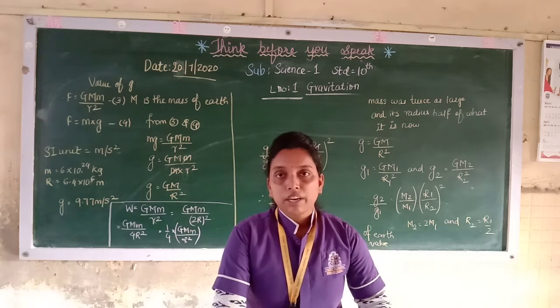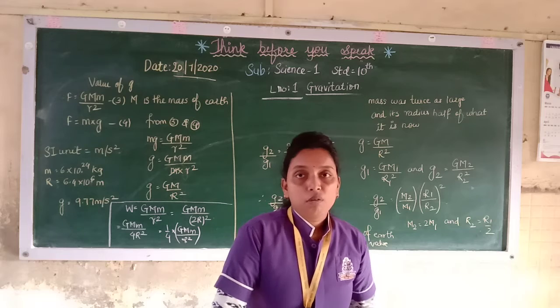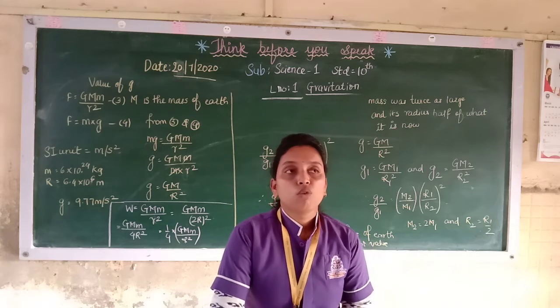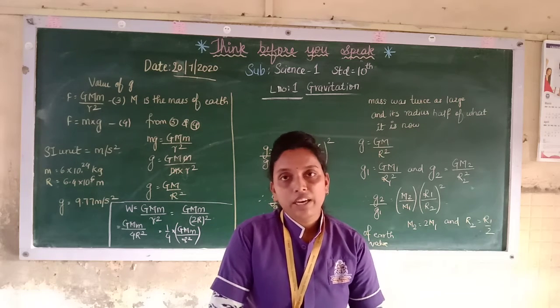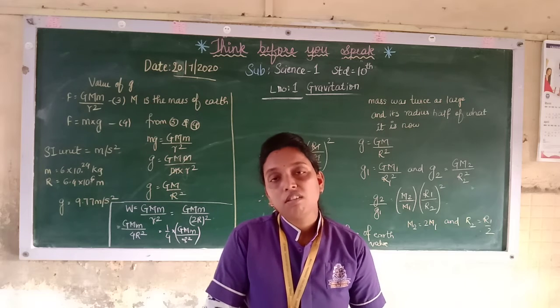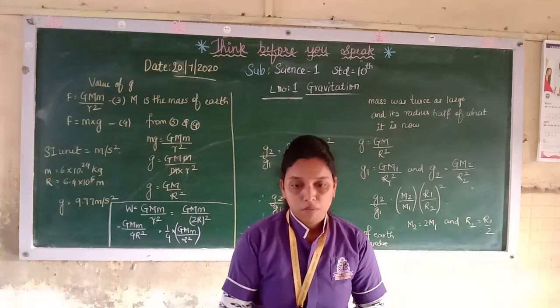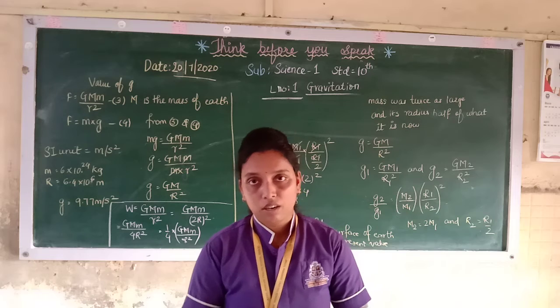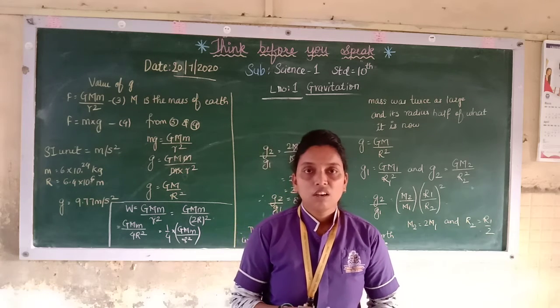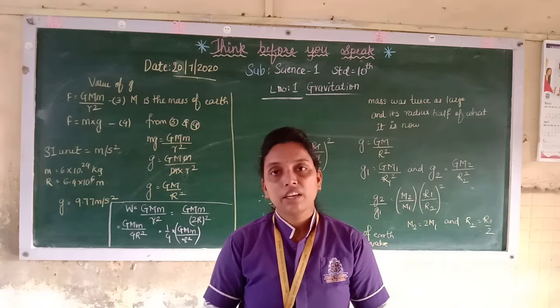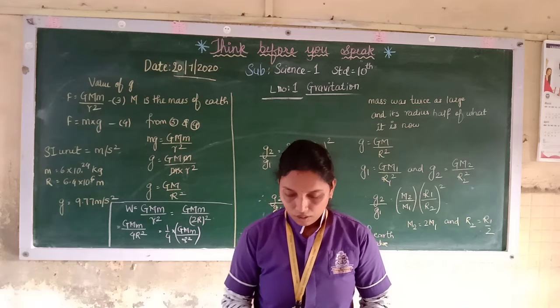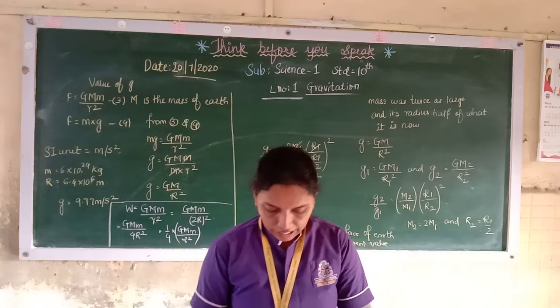Now force is a vector quantity because it has magnitude and direction as well. So if force and weight are the same, then weight is also a vector quantity. So remember, mass is a scalar quantity, while weight and force are both vector quantities.